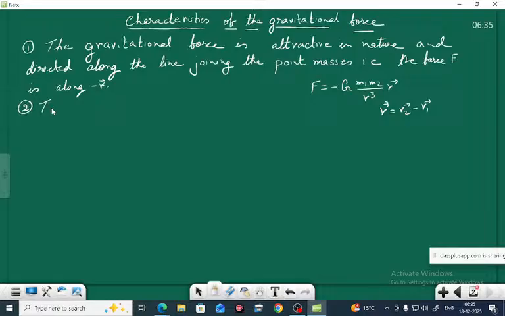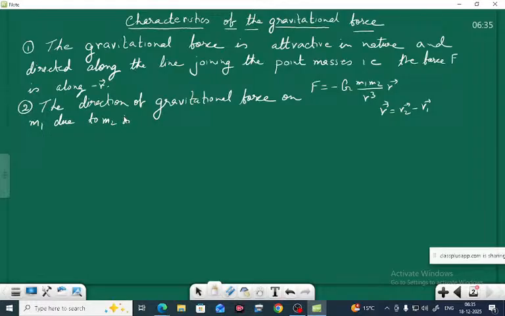So we can say the direction of gravitational force on m1 due to m2 is along r vector.